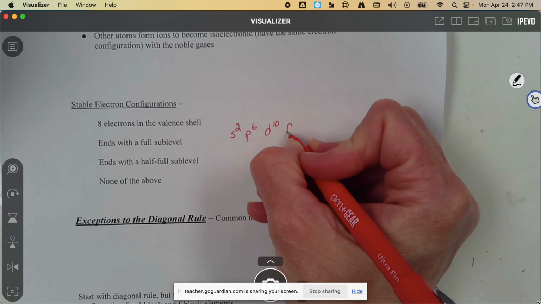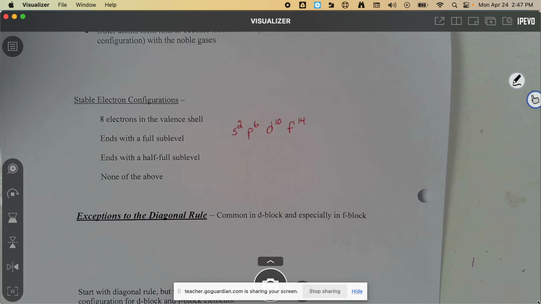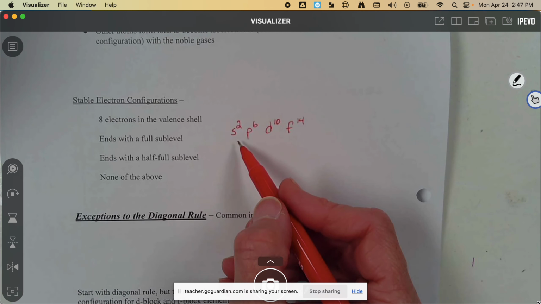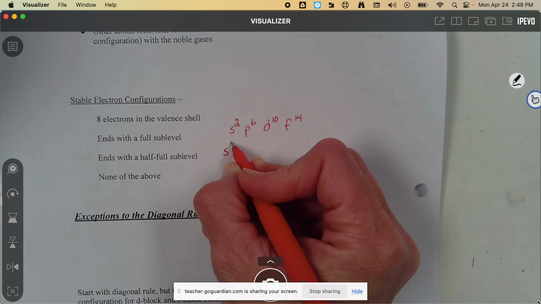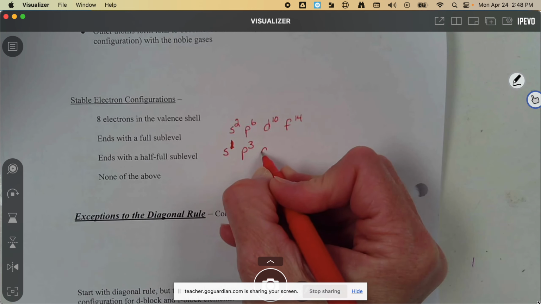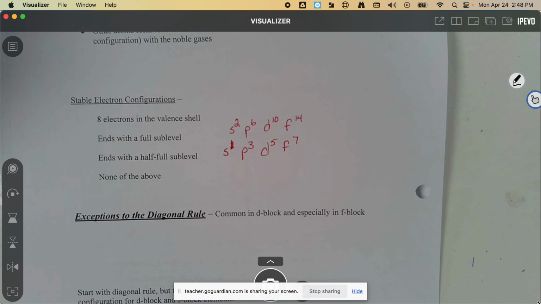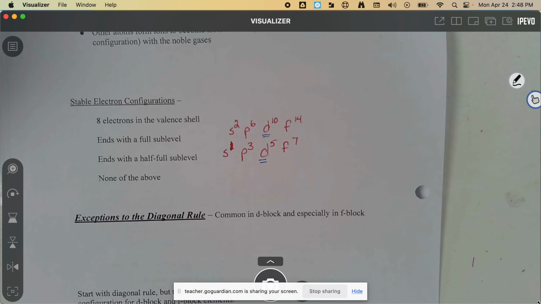D10 and f14. So configurations that end like that are kind of good. So octet is best. Second best is ending in a full sublevel. Our next best configurations are the s2 or the s1s, the p3s, the d5s, and the f7s, with special emphasis on d10 and d5.